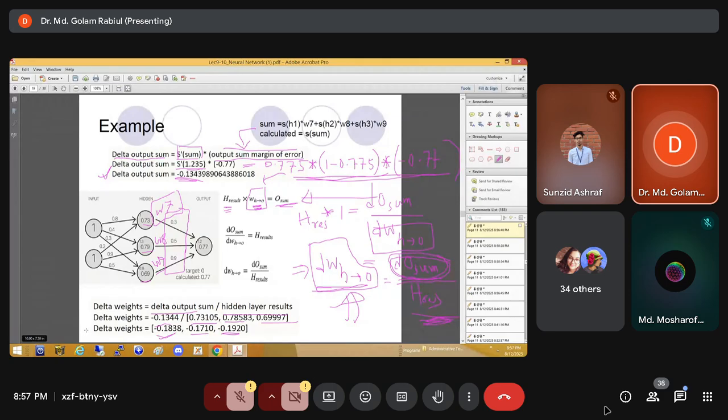So these are our delta weights, the change of weights of these values. Now that we know the delta weights, we have to find out the new W7, new W8, and new W9. After changing, what will be the value for that?